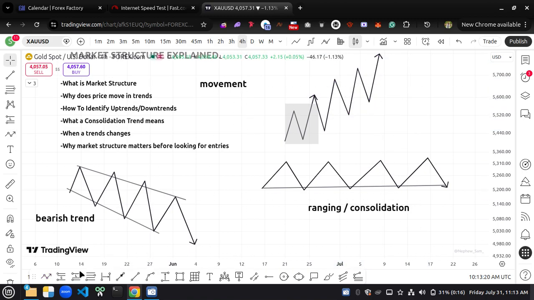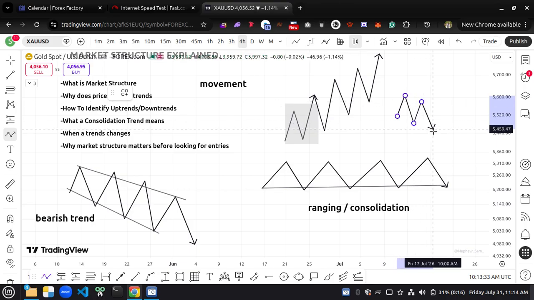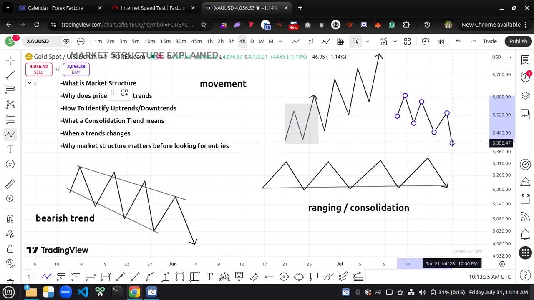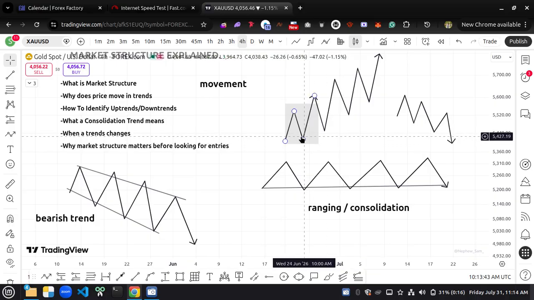Now if it's a bearish movement, you find the market opens here, closes here. Bearish means it's going to the downside, right? Now it's going to close at the downside, like that, like that, like that. Now there's also something you need to note in this movement. If you look at this particular trend well, you find out that the end of the trend, that is the bottom tip of the trend, usually closes higher than the previous one.